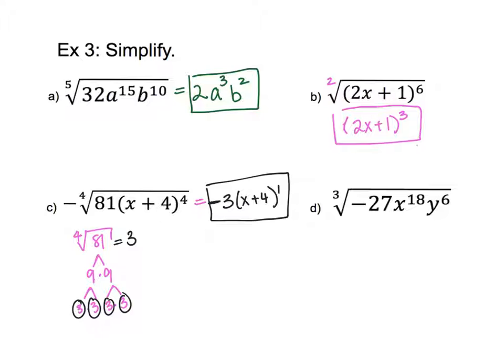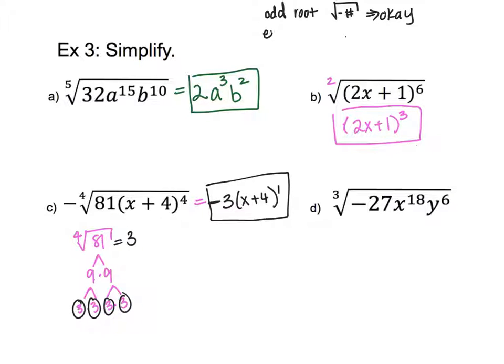Remember, whenever you have an odd root, like 3, or another odd root is the 5th root, the 7th root, the 9th root, any odd number, you can take the root of a negative number, and that is okay.